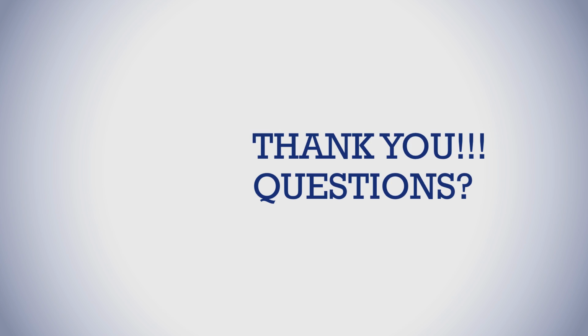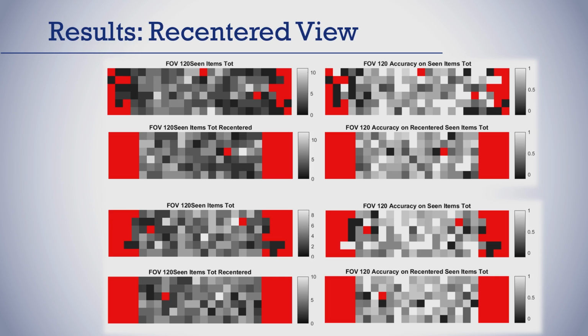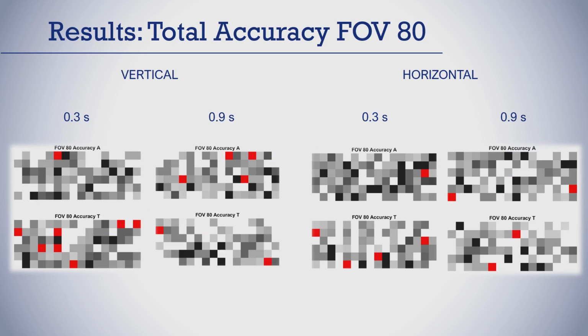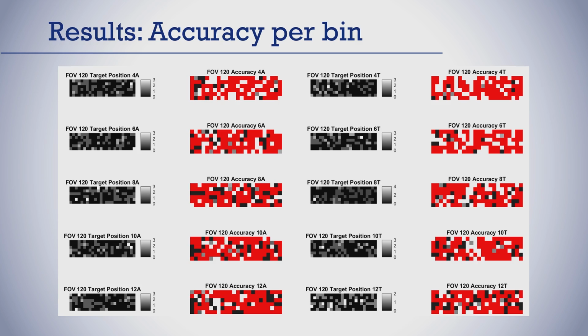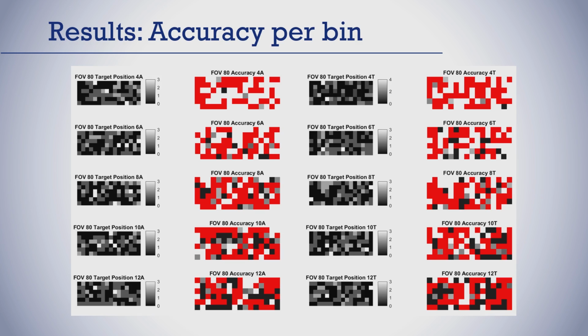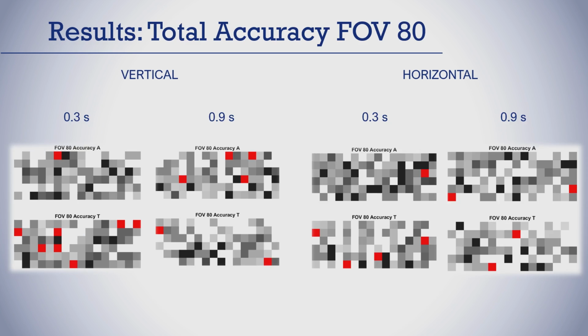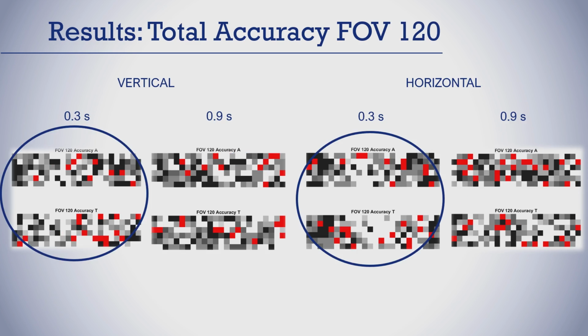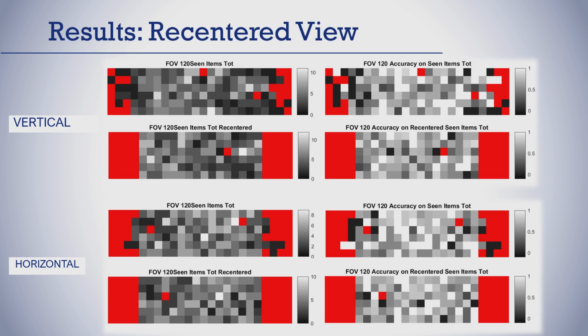I have one question. I'm not sure that I understand how you computed the accuracy before. If I don't see any object in a position, why is my accuracy 0? This accuracy or the last one? The one in which... here.